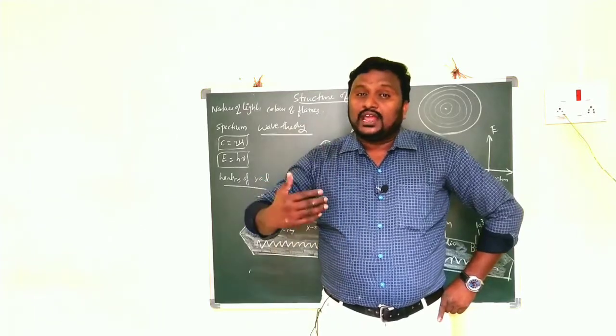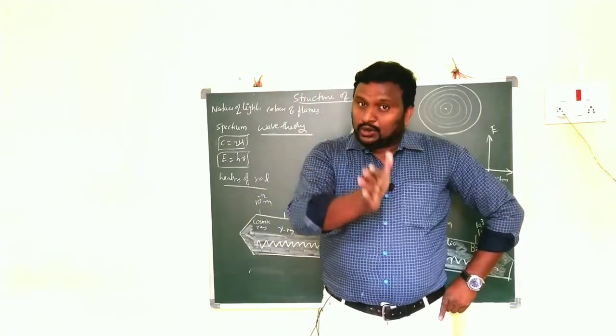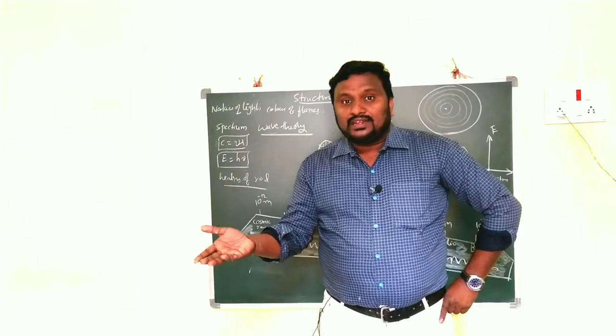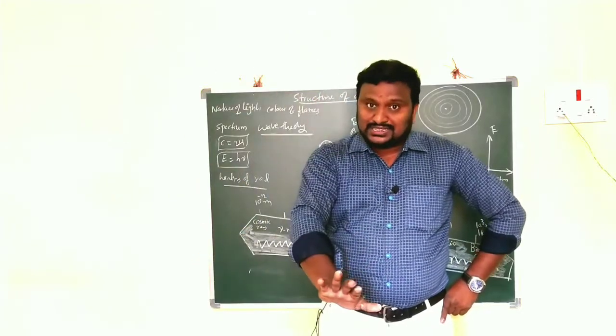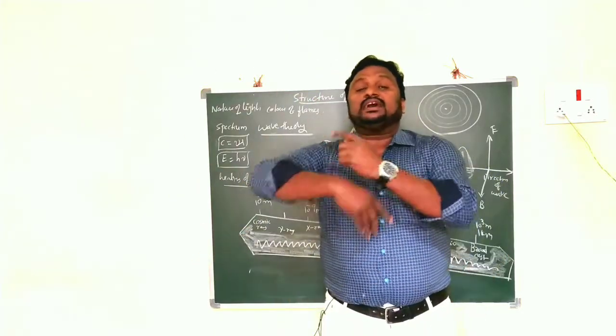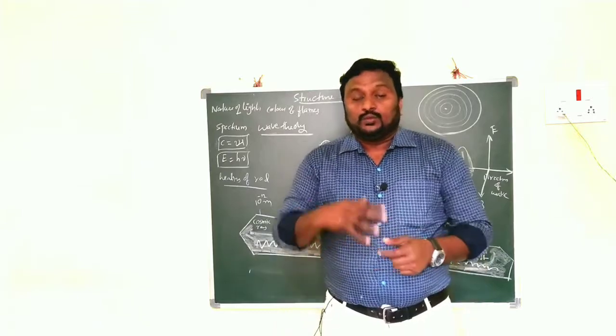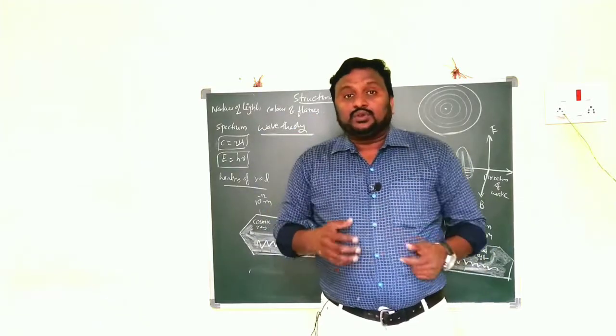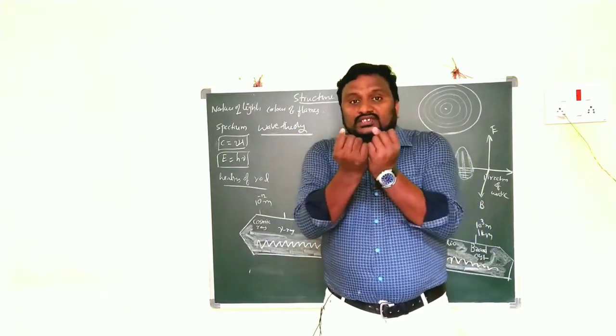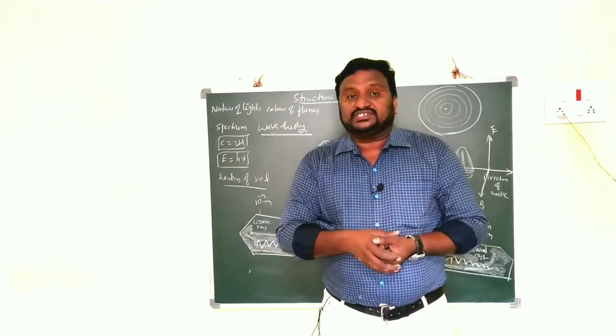It consists of both electric and magnetic field vectors, superimposed together. Superimposed means they are combined with each other. When they are combined, they are always in opposite directions.